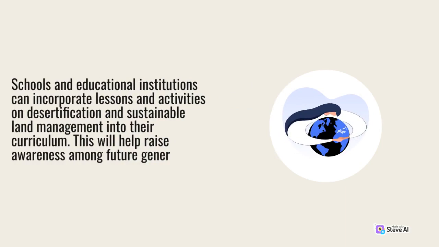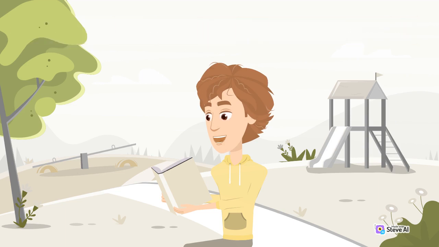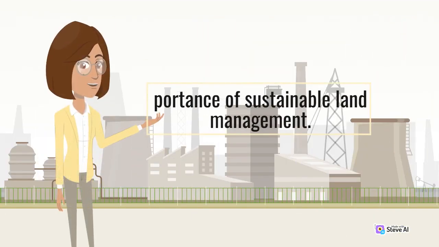This will help raise awareness among future generations and empower them to become stewards of the land. Engaging students in hands-on activities, such as tree planting or soil conservation projects, can also foster a deeper understanding of the importance of sustainable land management.